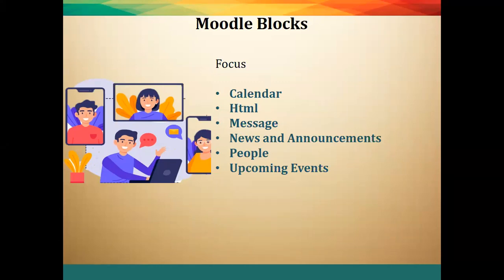The HTML block, however, is a blank block, which means that you can put any kind of information that you want into your HTML block. So in a nutshell, those are the 3 things that we would be using to help us put together one of the more fulfilling experiences for our students.